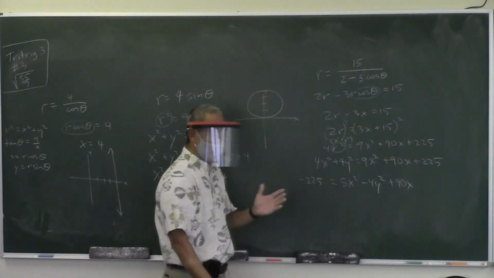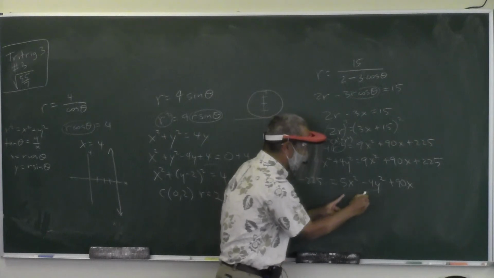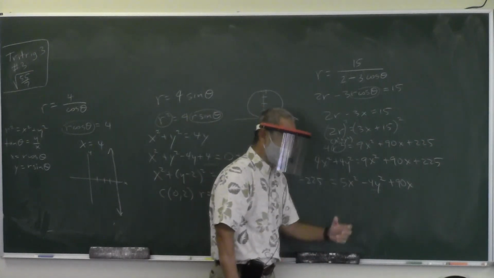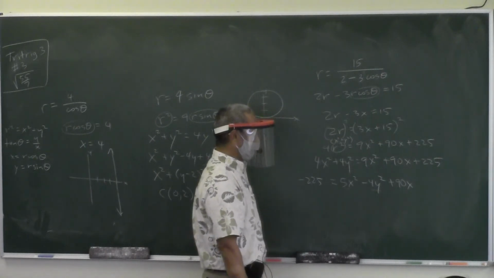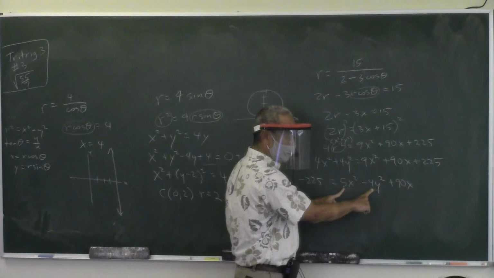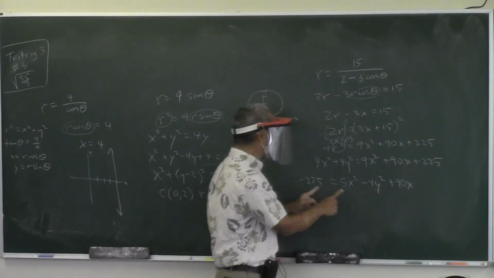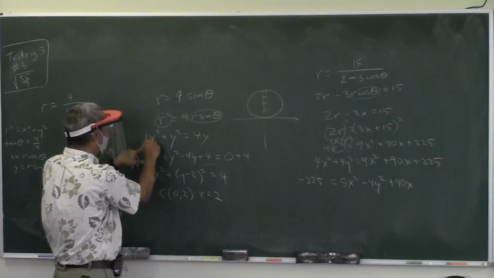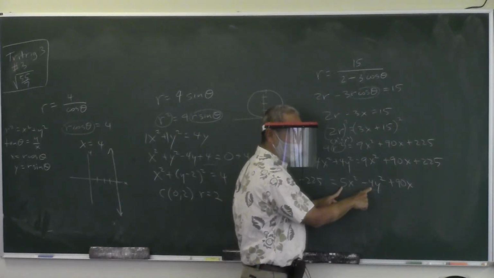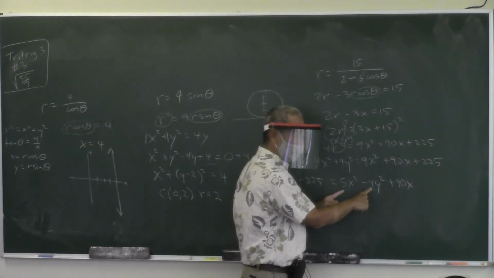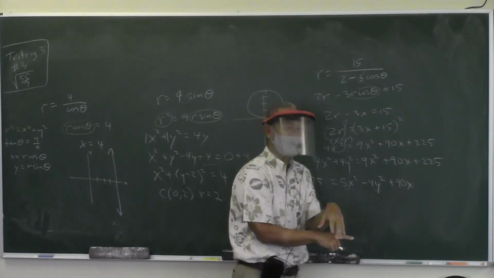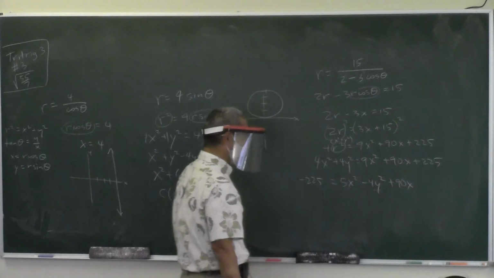Now, how do I know, just by looking at these 2 terms right here? Your teacher should have taught you this last year. How can you tell what it's going to be? If these 2 numbers are the same, it's a circle. We just did it over here. See the 1 and 1 are the same? If these 2 numbers have the same sign, but they're different, then it's an ellipse. And if these 2 numbers have opposite signs, then it's a hyperbola.